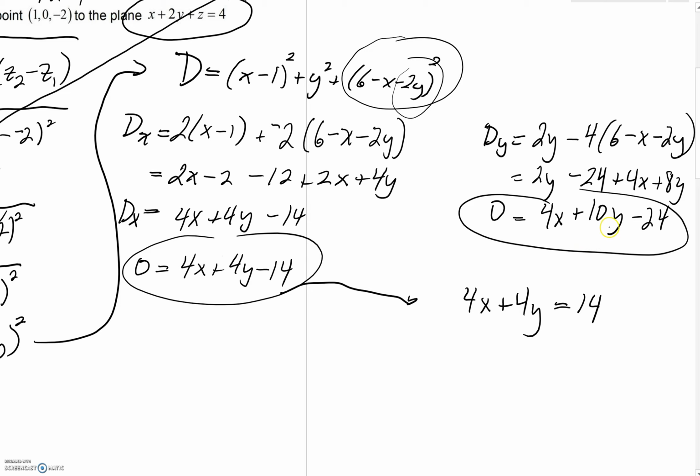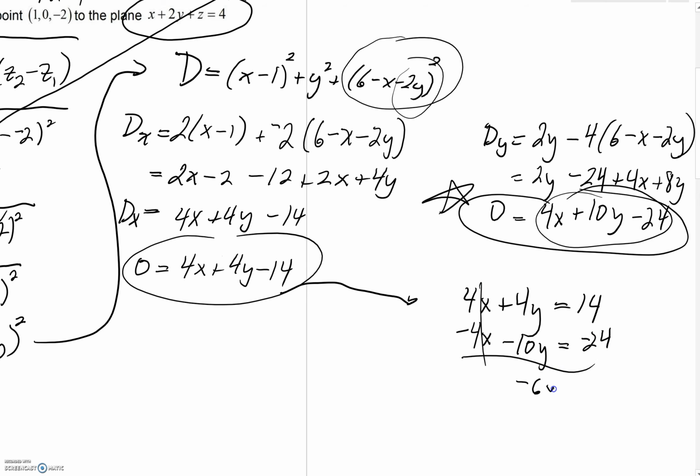If I were to multiply this other equation right here by a negative 1, we'd have a negative 4x to cancel out the x, minus a 10y, and we'd have a positive 24, but then when we'd bring it over, it would be a minus 24. So that when we add this together, we'd have a negative 6y is equal to negative 10.